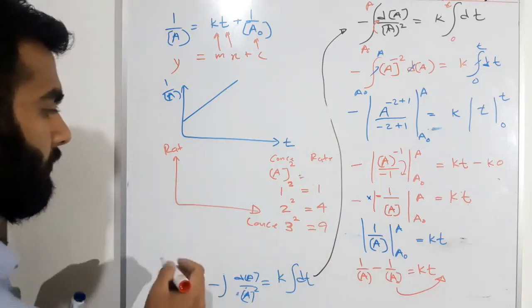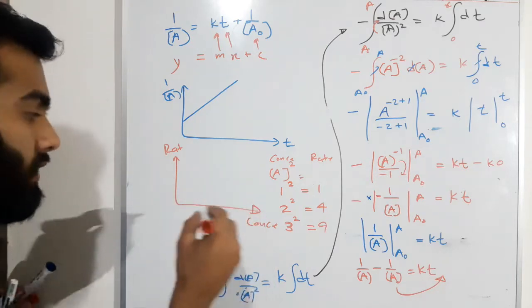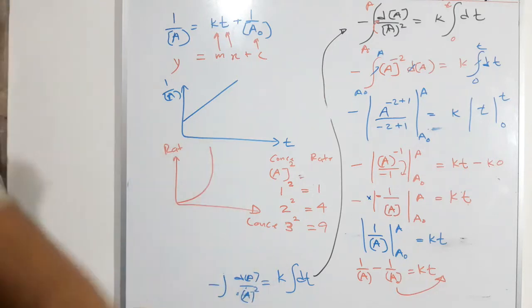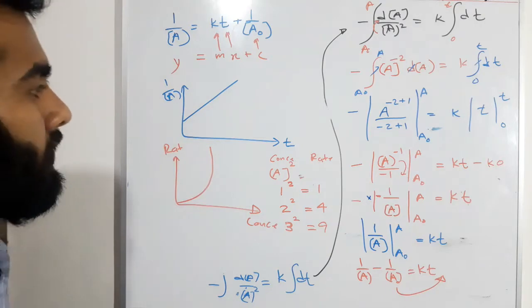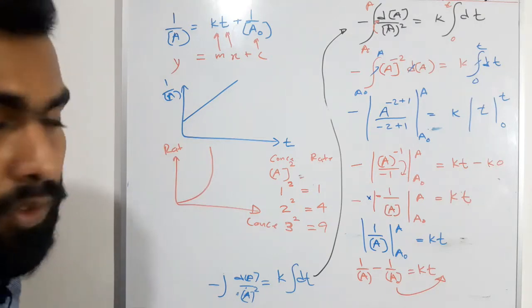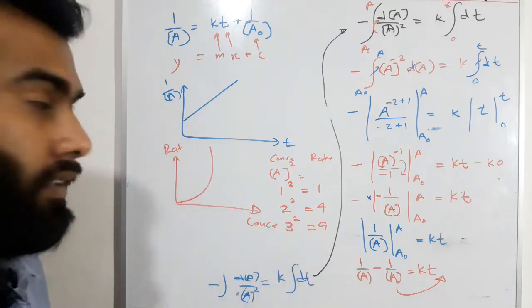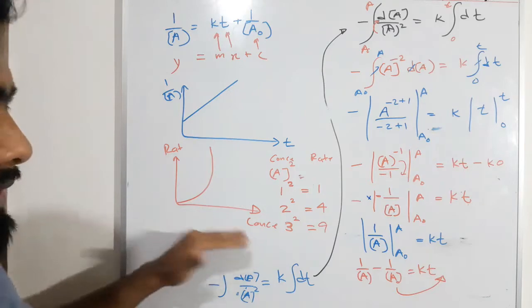So if we plot the rate versus concentration diagram, it will be like this. It increases rapidly. So you can see the changes with respect to first order and zeroth order. I drew every graph with respect to the integral form and rate versus concentration.